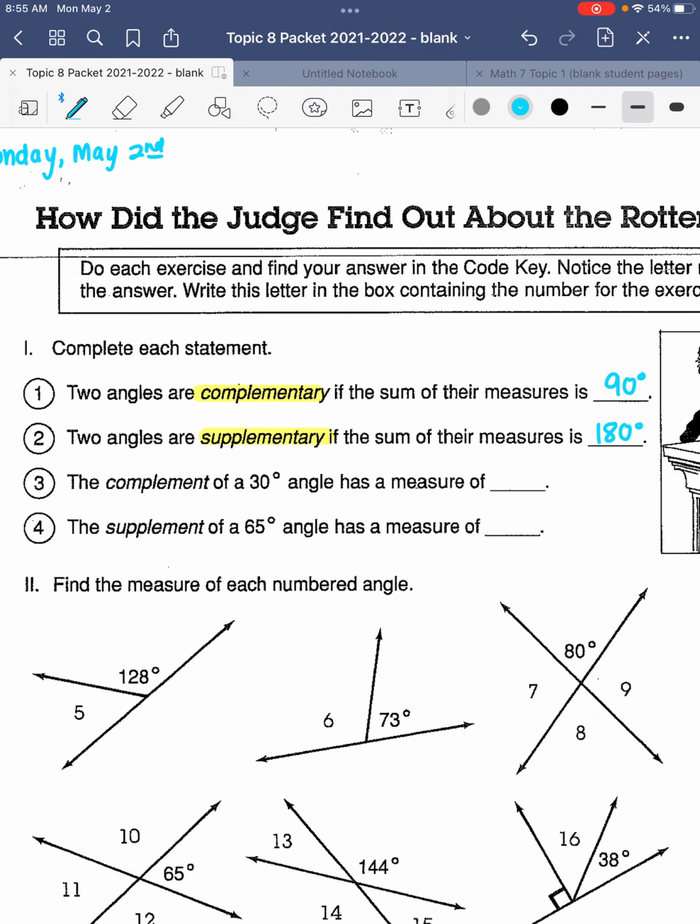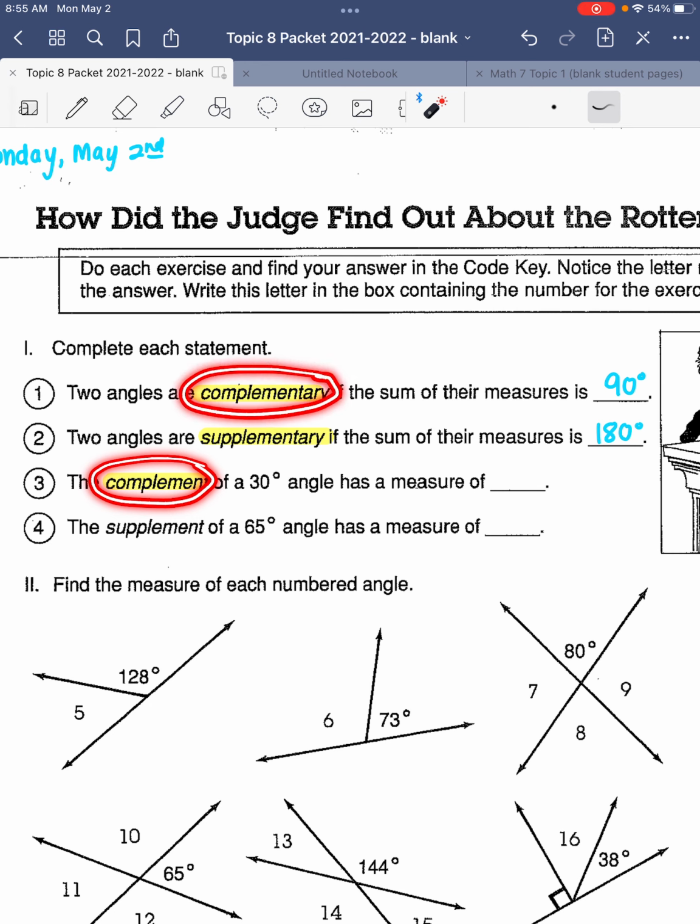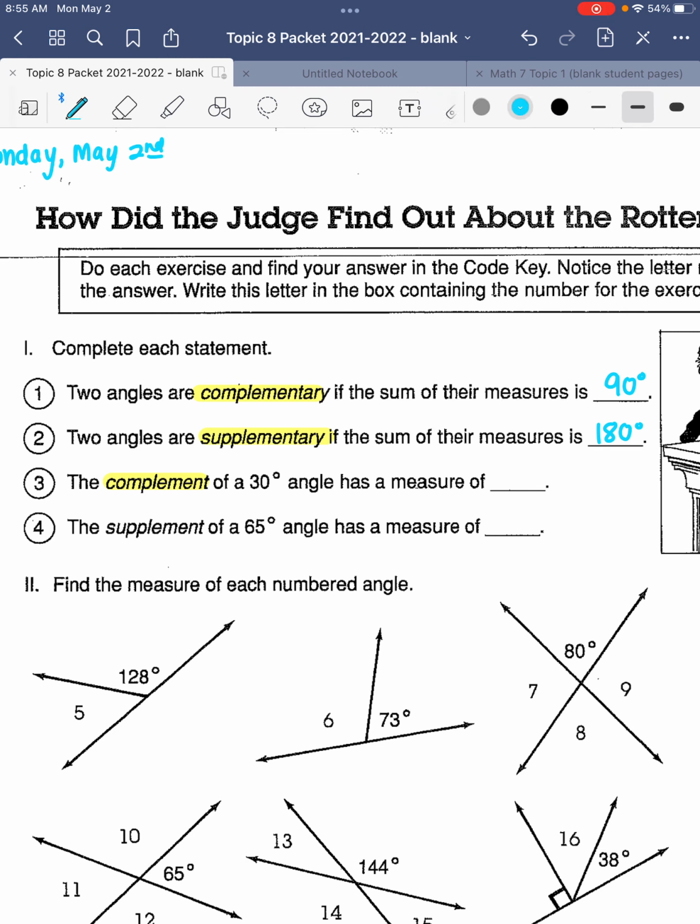Number 3. The complement of a 30-degree angle has a measure of. Well, hopefully you look at that highlighted word complement and think that it looks like complementary. So I know that I've got one angle that's 30 degrees and the two angles together are going to add up to 90 degrees because it's the complement.